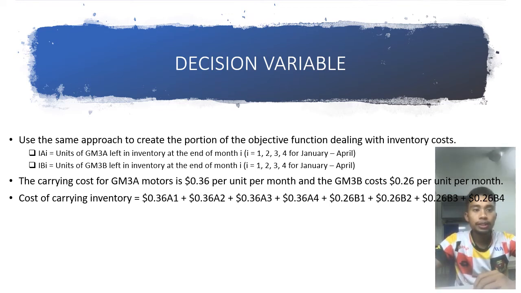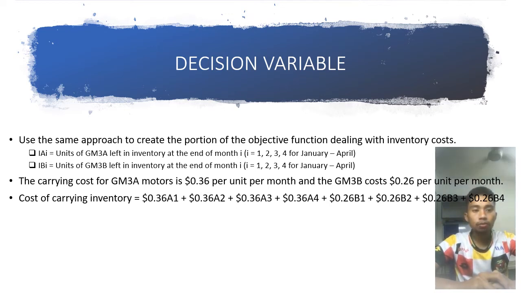We can use the same approach to create the portion of the objective function dealing with inventory carrying cost. IAi equals units of GM3A left in inventory at the end of month i, and IBi equals units of GM3B left in inventory at the end of month i.